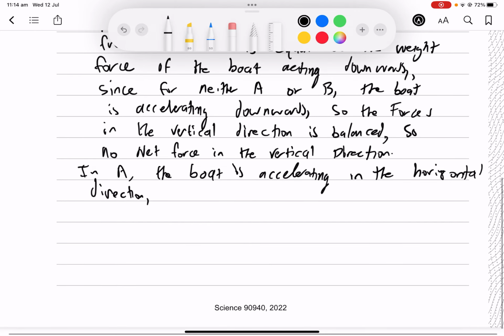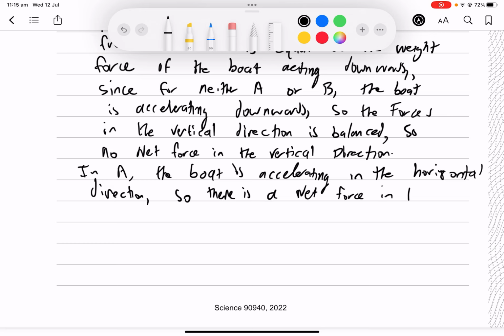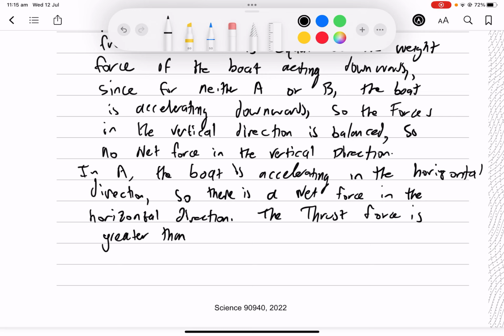The boat is accelerating in the horizontal direction, so there is a net force in the horizontal direction. The thrust force is greater than the drag force, so the boat accelerates in the direction of the net force.